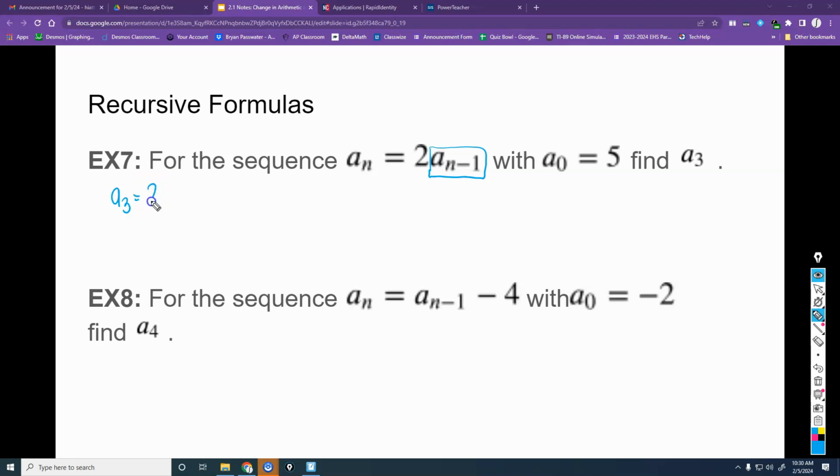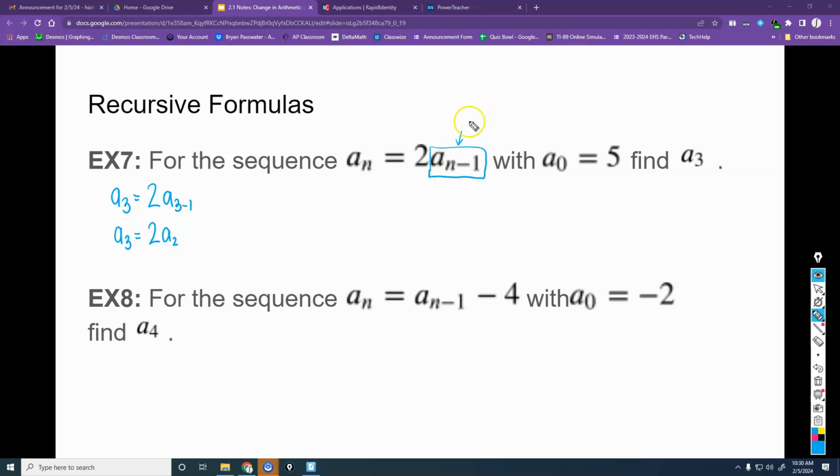So that means I would have a sub 3 equals 2 times a sub 3 minus 1, which is a sub 2. I don't know a sub 2, right? I don't have anything I can plug into that. But essentially, if I'm trying to find a sub 3, I'm multiplying the term that came before a sub 3 by 2, right?